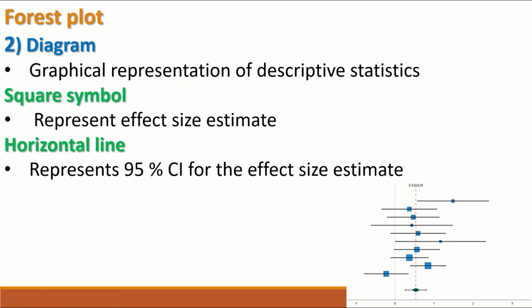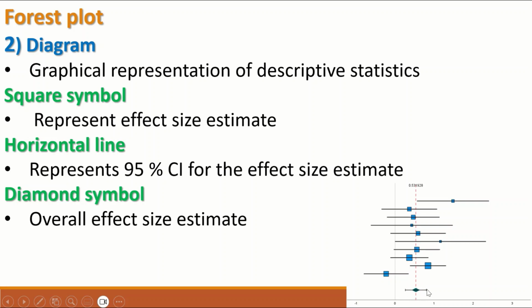The horizontal line here represents the 95% confidence interval for each specific effect size for each study, and the diamond-shaped symbol represents the overall effect size estimated from pooling all these different effect sizes from those separate studies.